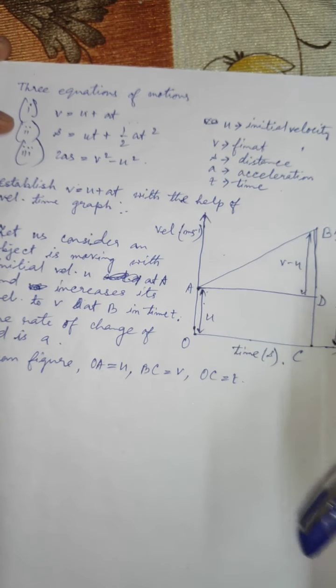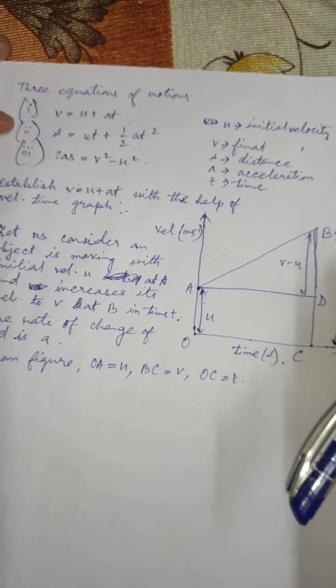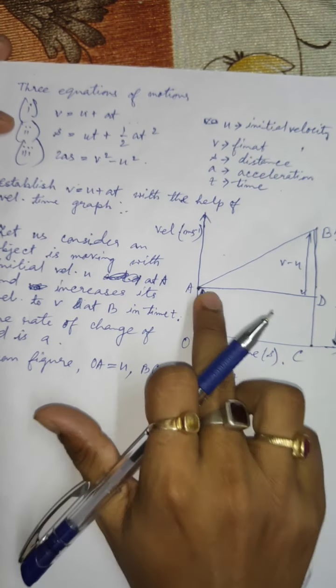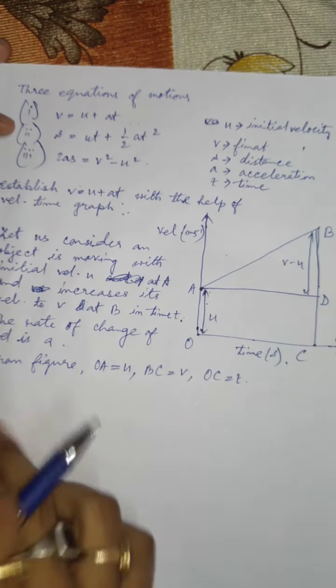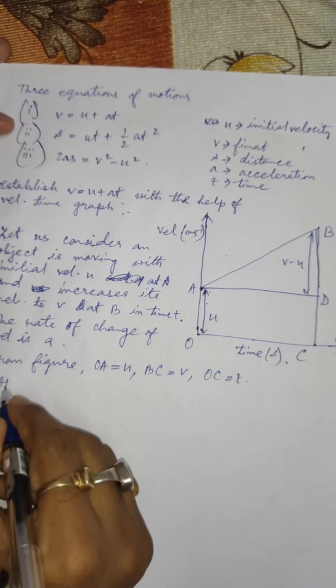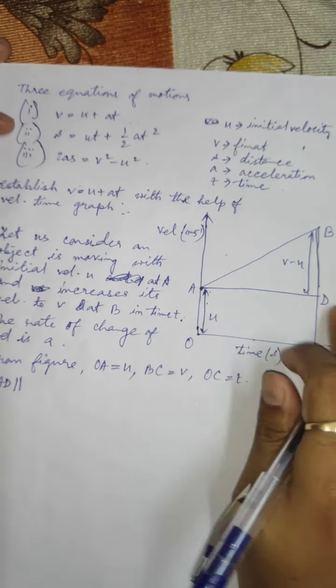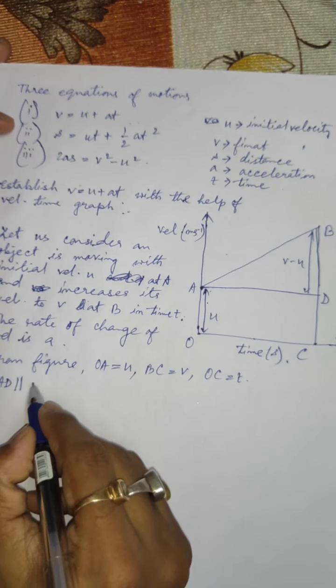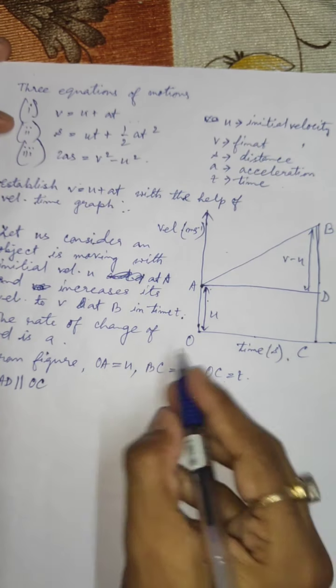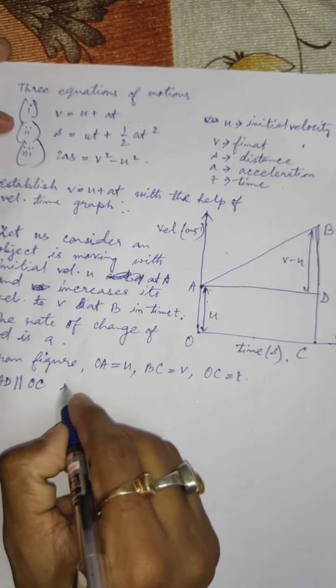See, OA is the initial velocity, BC is the final velocity, and OC is the time interval. This perpendicular I have drawn later, so this I have to write later. Now AD parallel to OC is drawn.